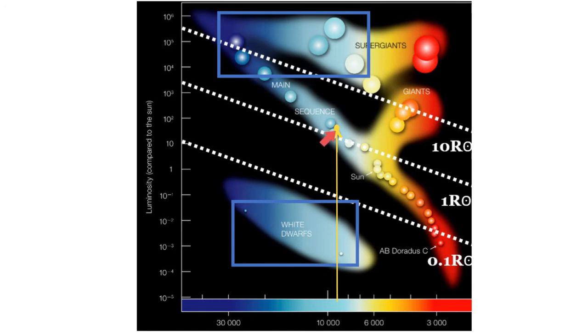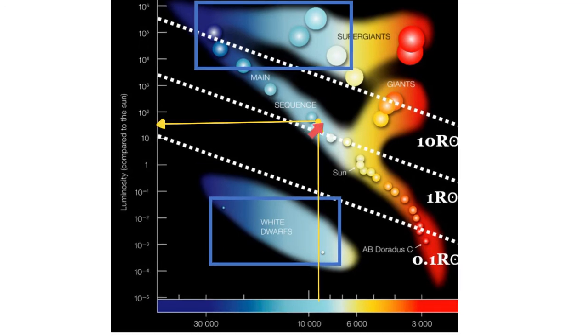That's a safe bet. And then taking that point and projecting it leftwards to the luminosity axis, we find that it sits approximately between 10 and 100 times the luminosity of the sun.